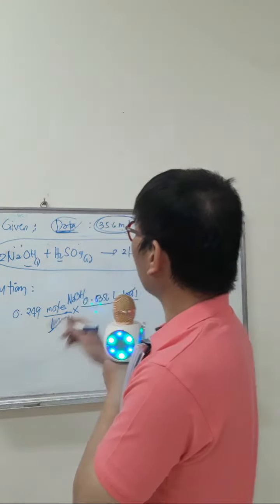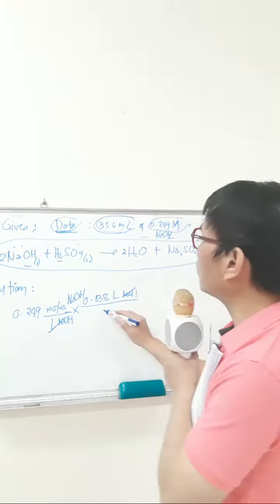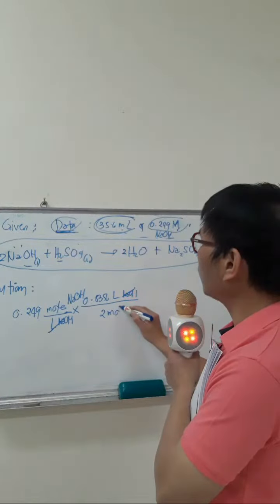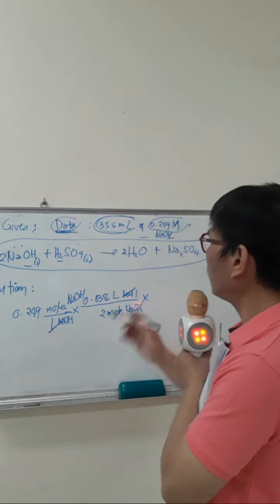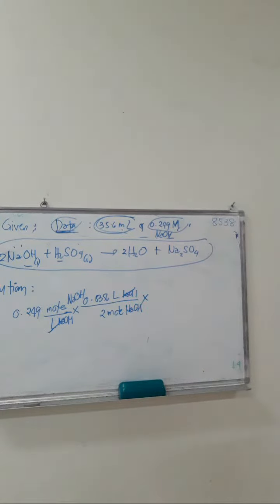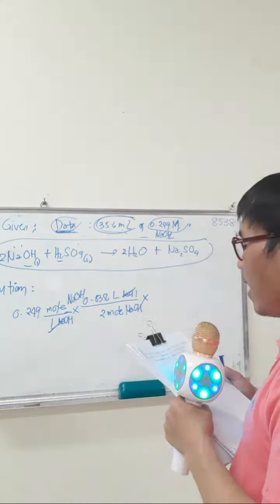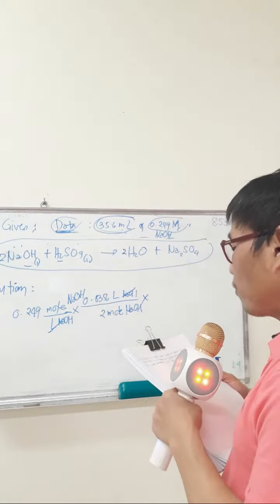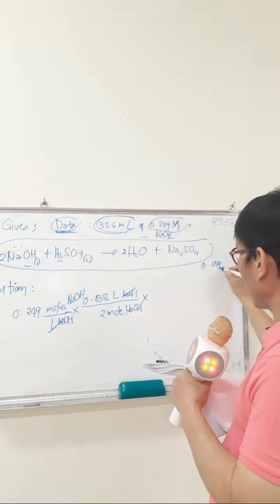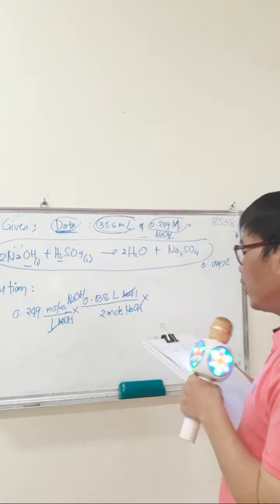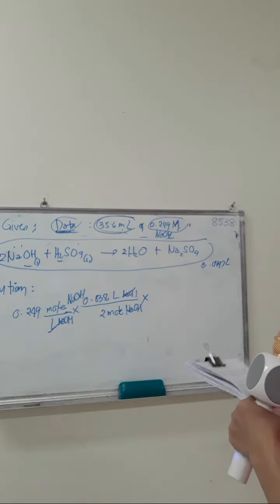Now, how many moles of sodium hydroxide are in the reaction? That is 2 moles of sodium hydroxide. In the case of the sulfuric acid, it has 44.7 milliliters, that is 0.0447 liter. We don't have the concentration, and we need to find that.